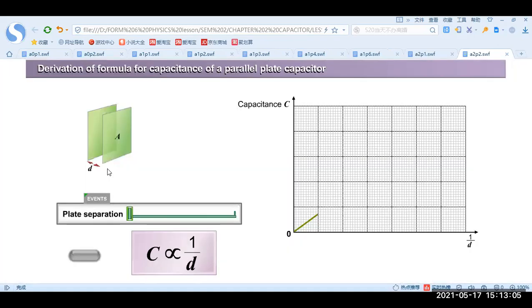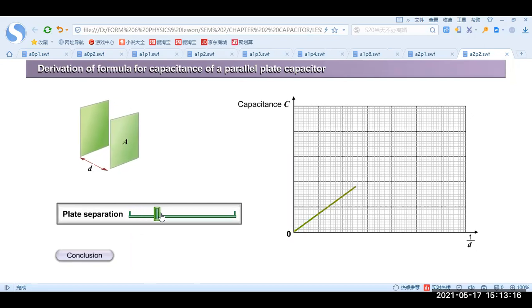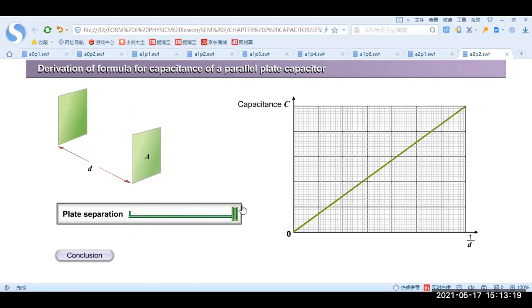Now, what will happen to the distance of separation between the two plates? Once the distance of the plates increases, 1 over D decreases, so the capacitance will decrease.